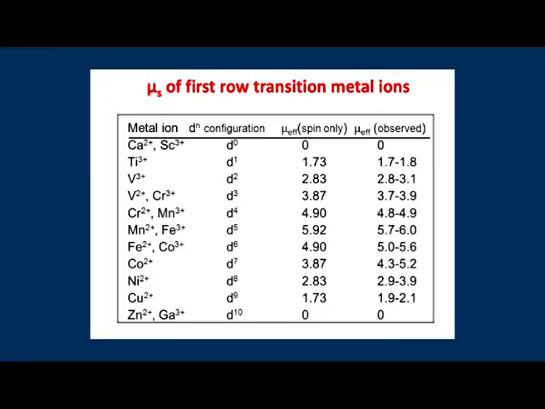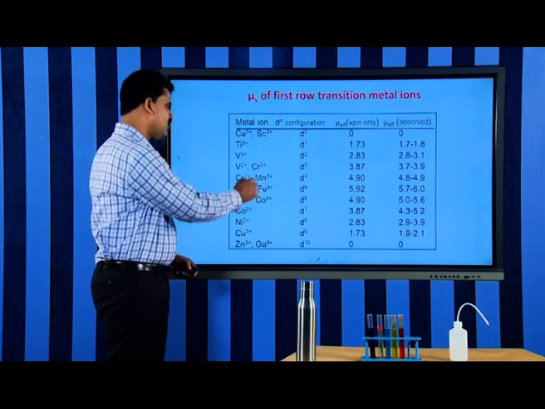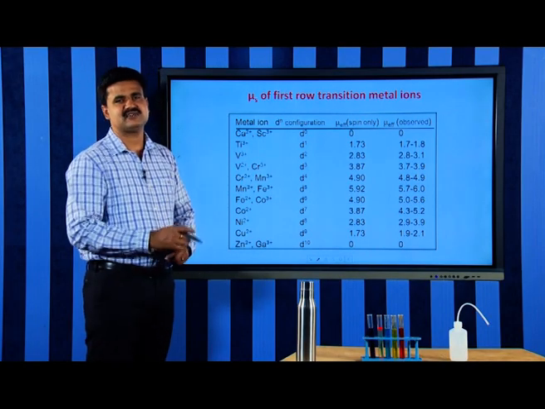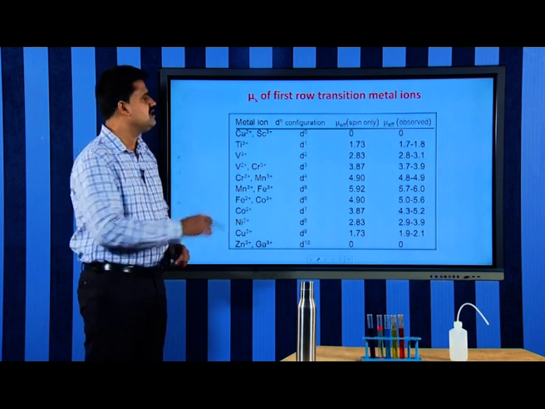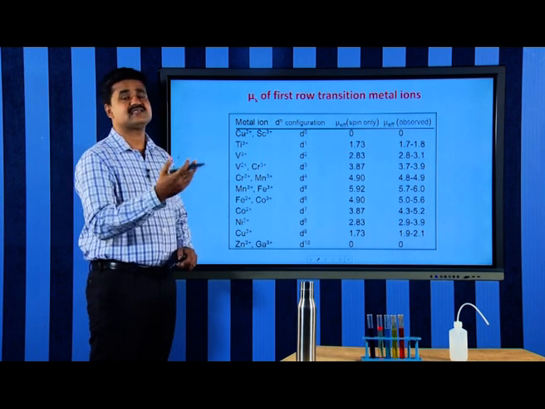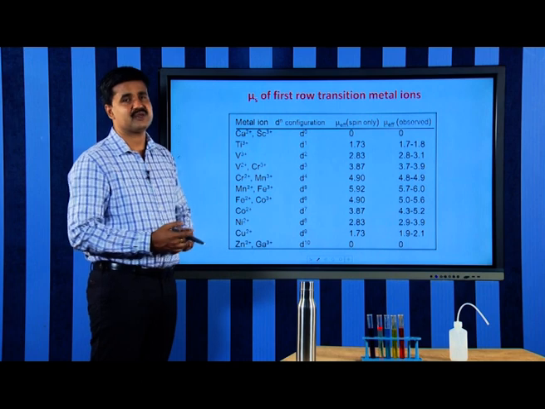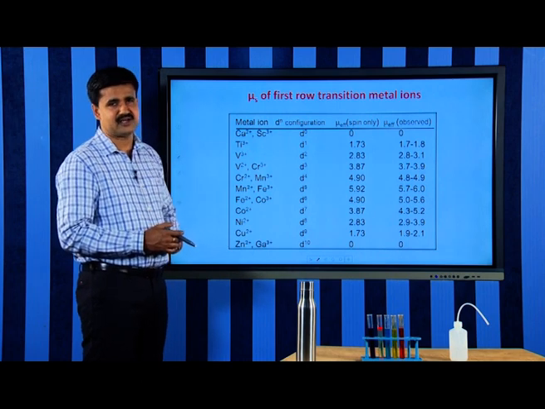The spin only magnetic moment of some representative cations of the 3d series is shown here. For titanium 3+, the configuration is d1 and we get a theoretical value of 1.73, and for all such representative 3d series cations we can compute the spin only magnetic moment based on the equation √(n(n+2)) Bohr magneton.